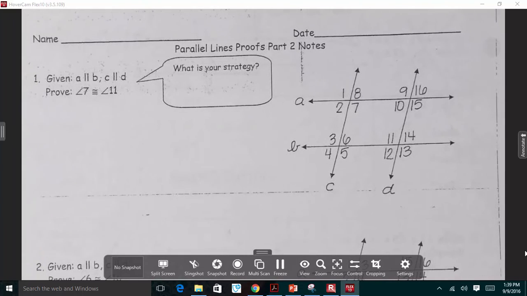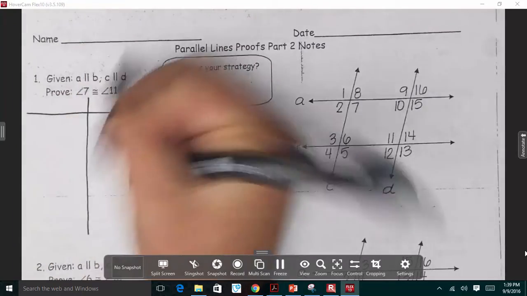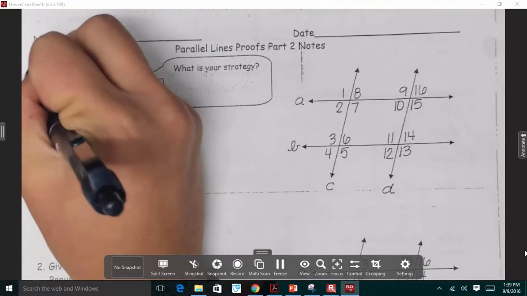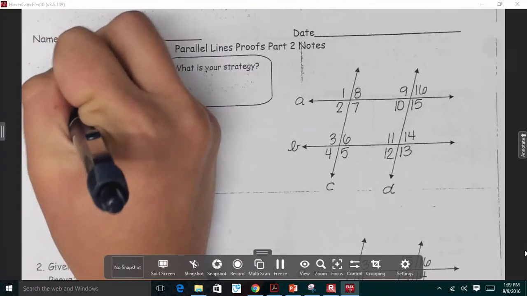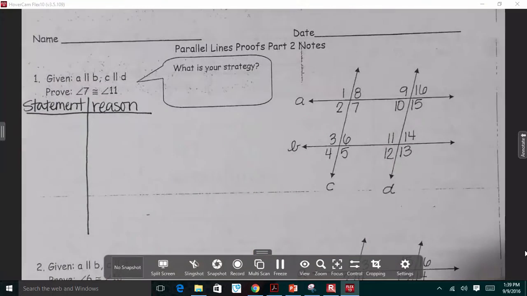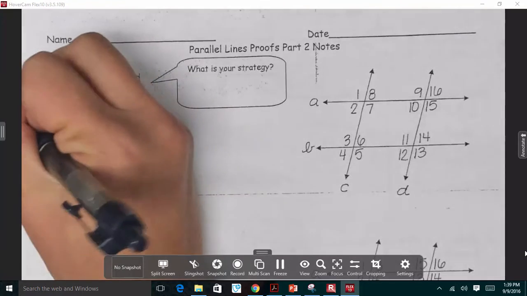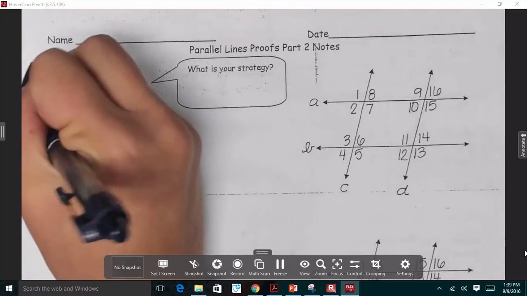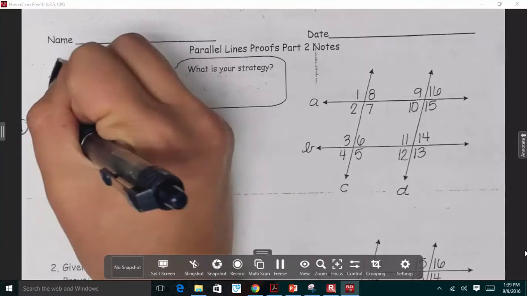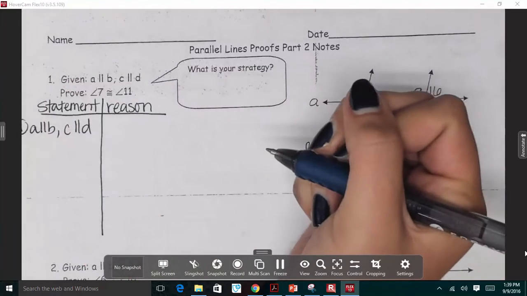We need to draw our two columns. We want to have statement on the left-hand side and reason on the right-hand side. What is our first step every time? The given. So it's going to be A is parallel to B and C is parallel to D. And what's the reason for that?